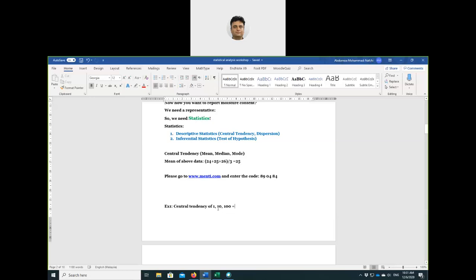So for the best central tendency for these types of data, the data comes basically from changes by a multiplier. Here this data is multiplied by 10. So if it's multiplied, you cannot use this type of mean.